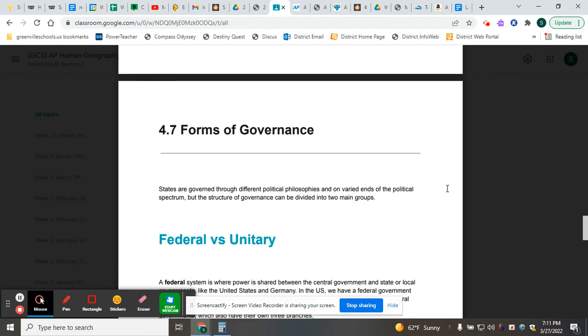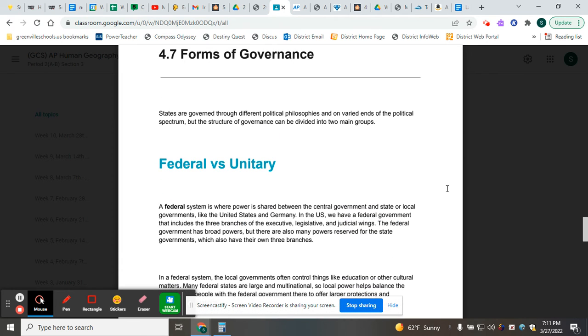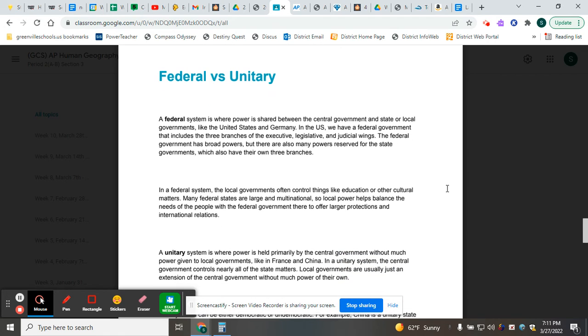So, forms of governance is 4-7, and you have two basic forms of governance: federal and unitary. Federal is just like here in the U.S., where you have a federal government in Washington, D.C., and a state government in Columbia, South Carolina. And we even take it a step further.